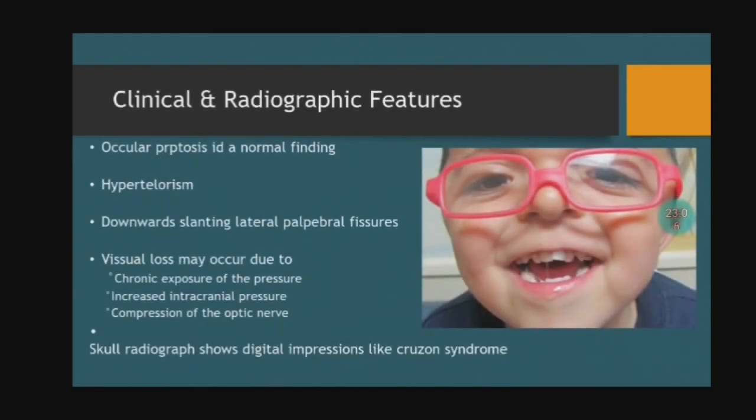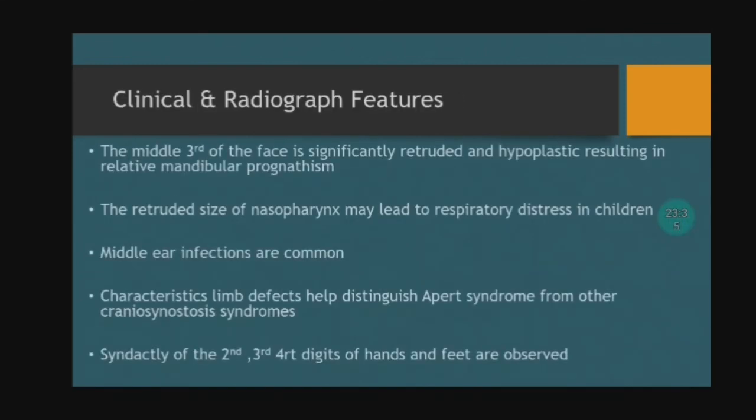Its clinical and radiographic features: ocular proptosis is a normal finding, hypertelorism, downward slanting palpebral fissures, and visual loss, which occur due to chronic exposure, increased intracranial pressure, and compression of the optic nerve. Skull radiograph shows digital impressions like Crouzon syndrome.